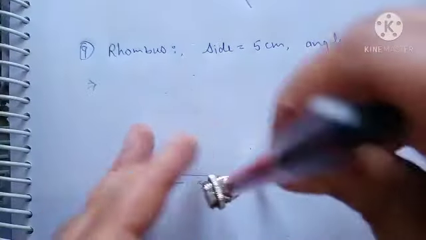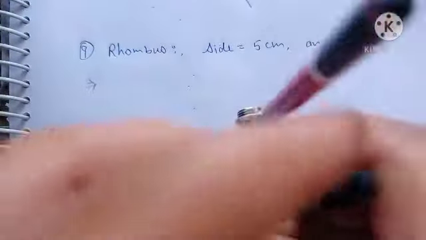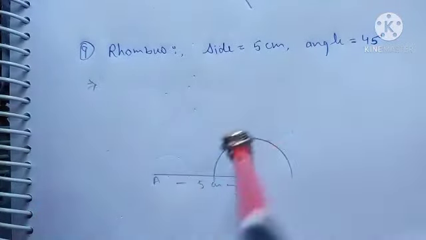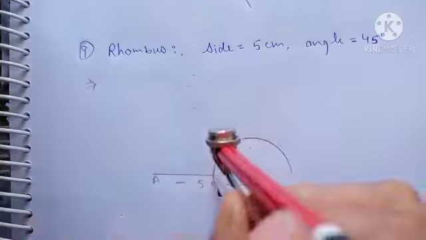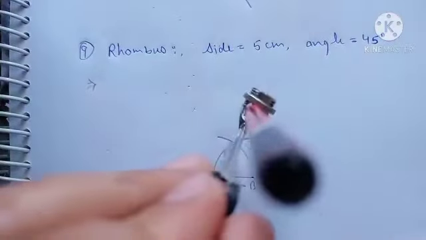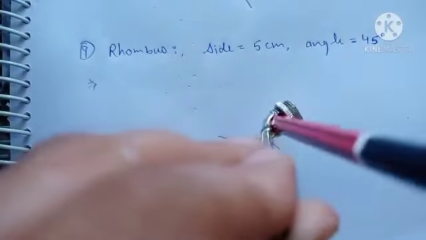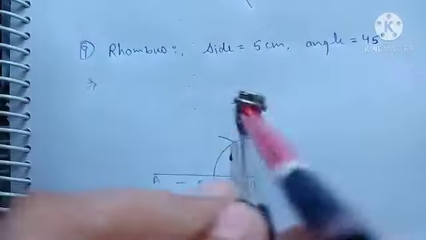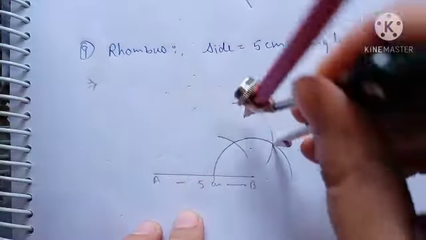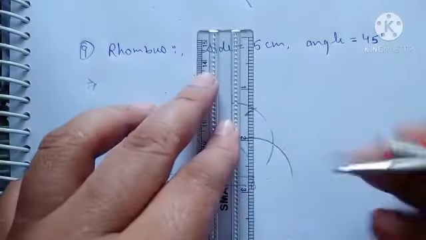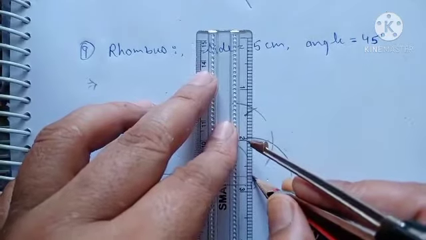So for this, first of all we have to construct 90 degree angle, then we will make half of 90 degree. Okay, so it is 60, then 120 and 90. Join B to the point of intersection.